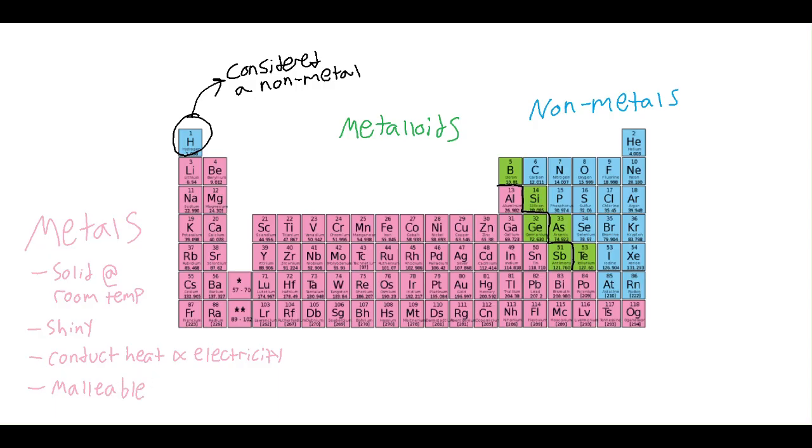The nonmetals tend to be gases or solids at room temperature. The only exception to that is bromine, which is a liquid at room temperature. And then the metalloids have properties of both metals and nonmetals.